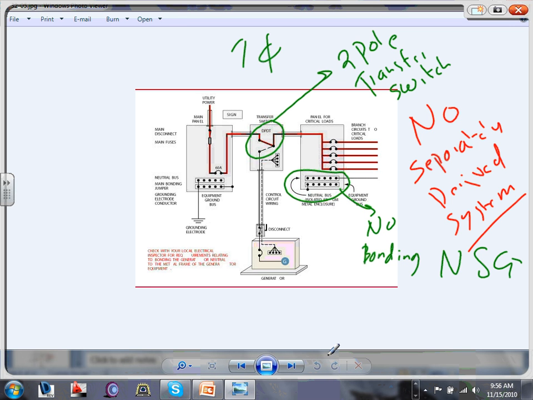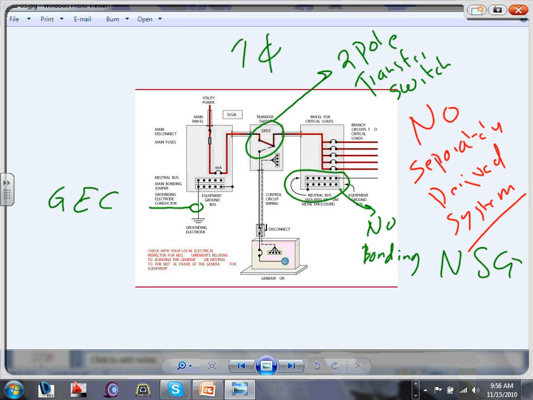So this is your next step system. I will bring to your attention that the grounding electrode conductor right here is sized here, and it's also the same grounding electrode conductor that works for the generator because it's a non-separately derived system.